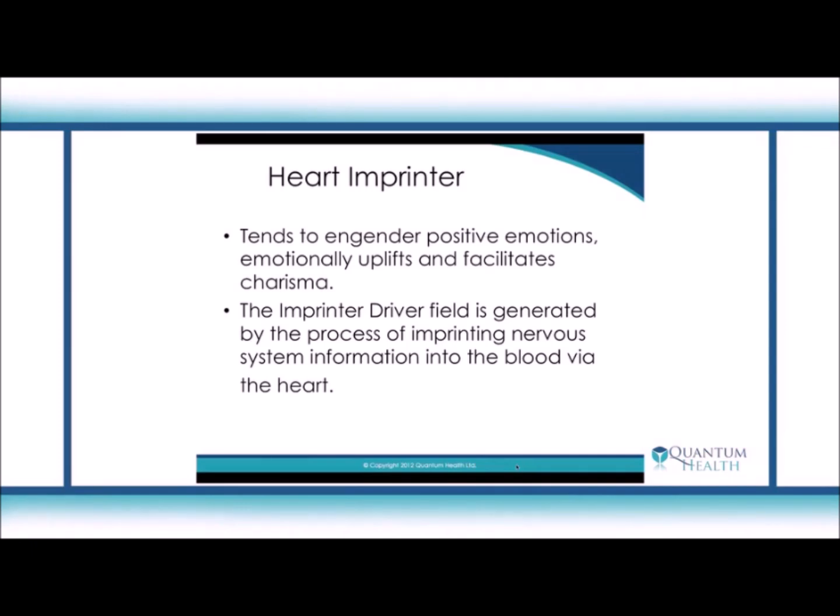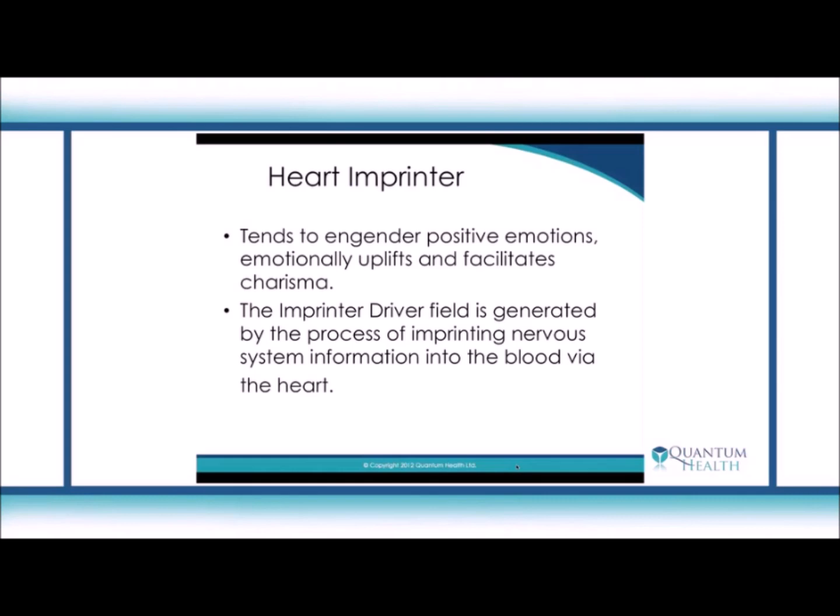Okay, so let's clarify. We've got Heart Driver providing a more abundant field for the information, and then the Heart Imprinter is providing more clarity of information, more transfer throughout the body. Is that how you would look at it?